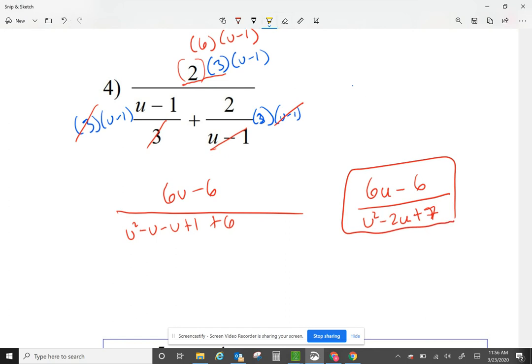I will simplify more if all of my big numbers, all of them, I could divide them by the same thing. In this case, I cannot, so I cannot simplify more. Now, the way I will type this, on the top, I have 6u minus 6, close parentheses, over u squared minus 2u plus 7.